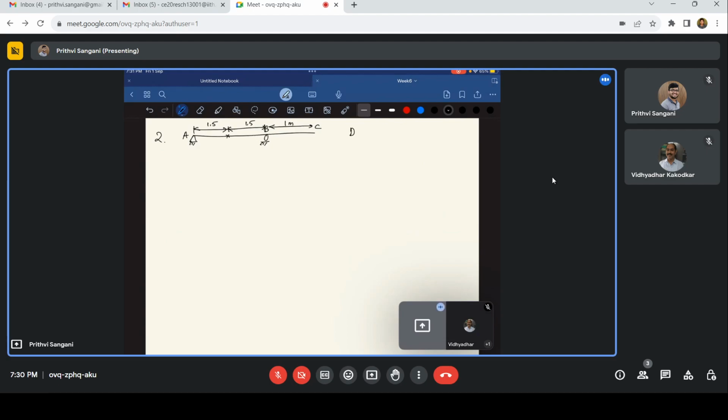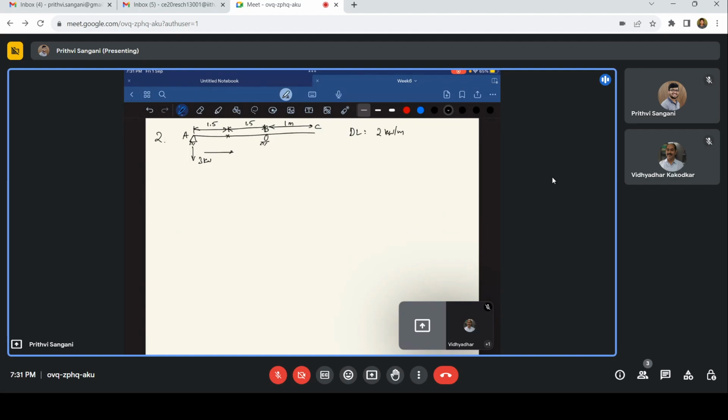The dead load is the self-weight of the beam, which is found to be about 2 kilonewtons per meter, and there is a live load of 3 kilonewtons which can move from left to right, or also from right to left.